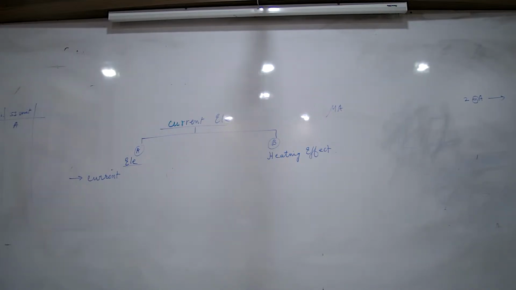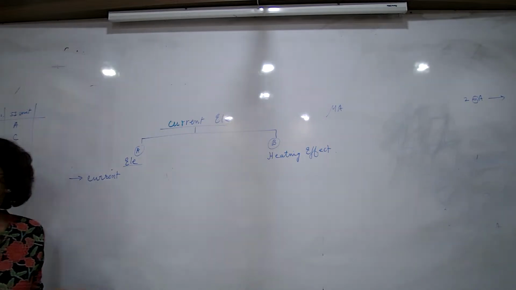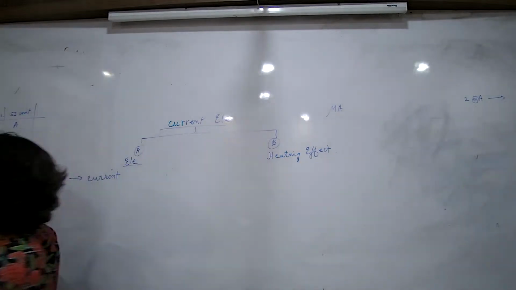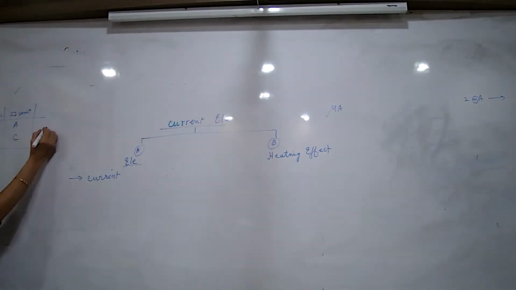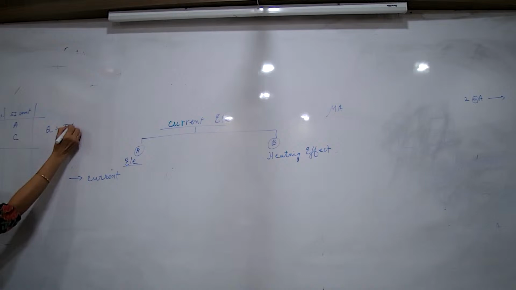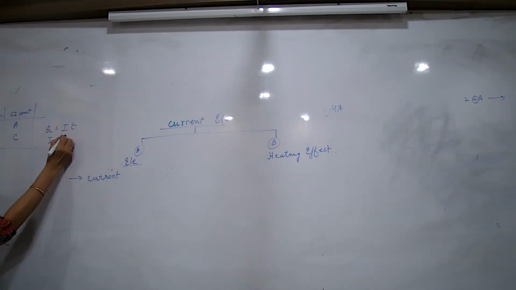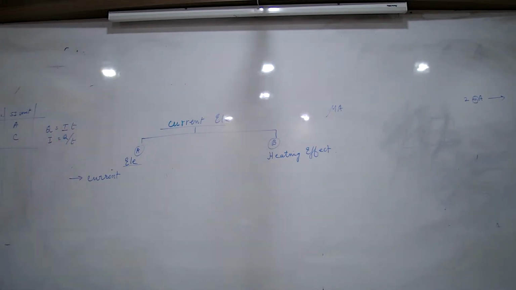What does C stand for? Coulomb. That happens to be an SI unit. But the term itself is Q. So that is your charge. Now, how are Q and I related? Q is equal to I times T, or you can say I is equal to Q upon T.